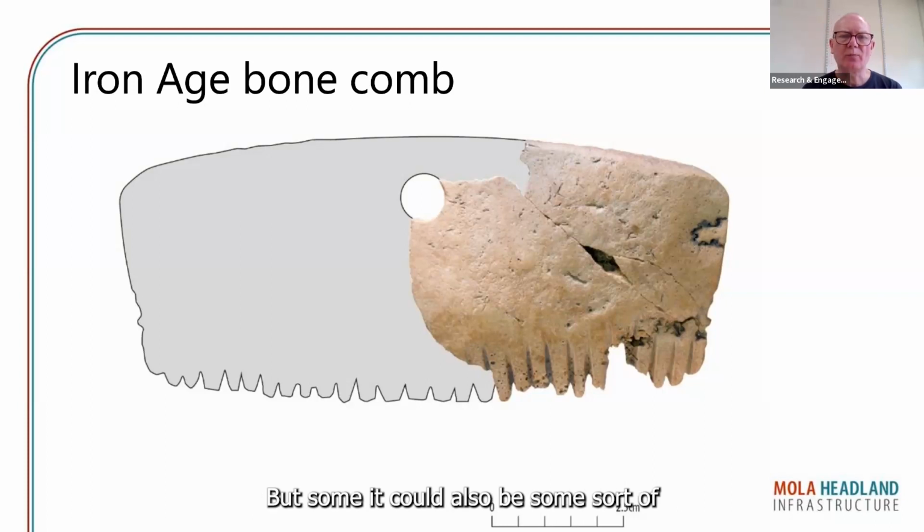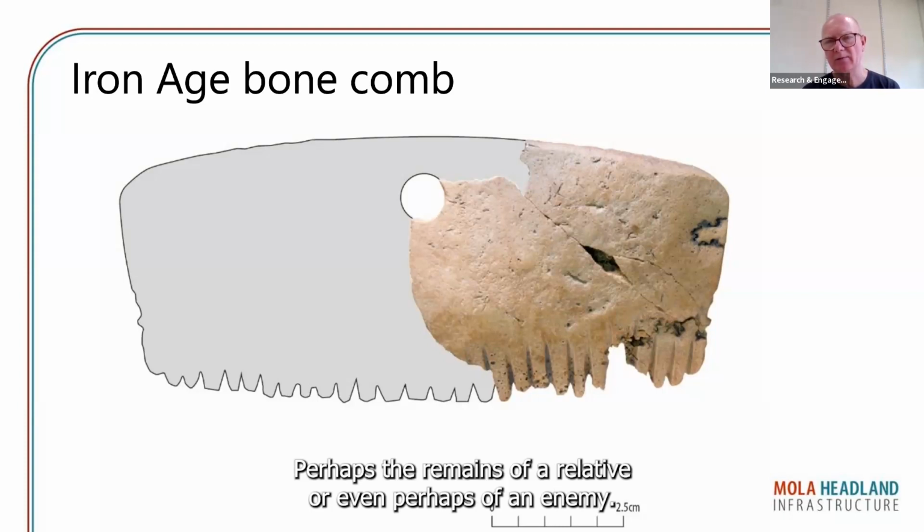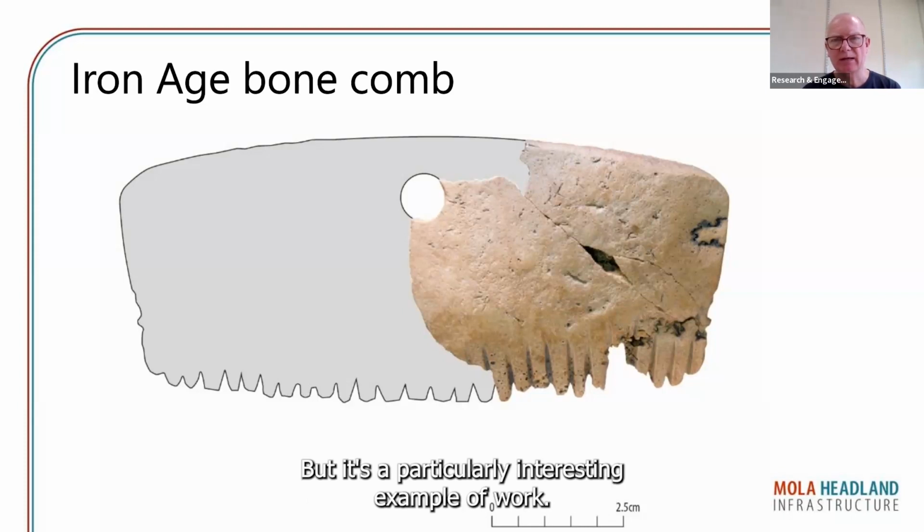But it could also be some sort of memoriam or object that remembers a relative, perhaps the remains of a relative, or even perhaps of an enemy. But it's a particularly interesting example of worked bone, and there have been similar ones found in the area of Bar Hill.